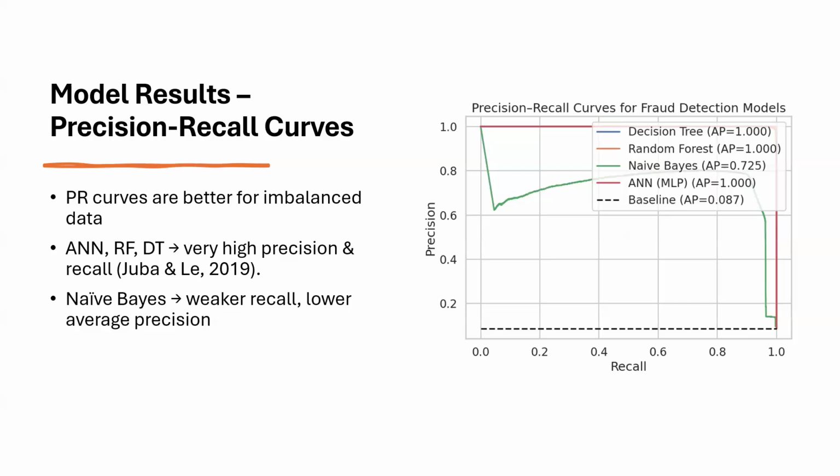Naive Bayes was weaker with lower recall. This means it missed more fraud cases. The baseline precision was only 0.087, but our strong models were far above this. This clearly shows which models are effective for real fraud predictions. Coming to the next slide.